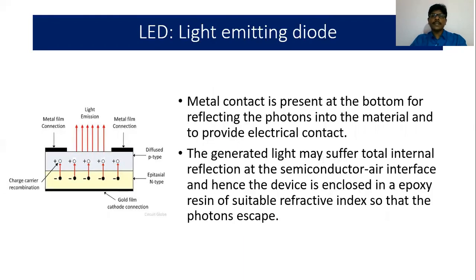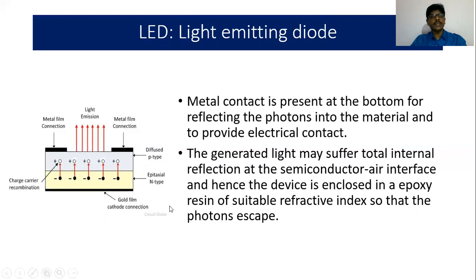Metal contact is present at the bottom for reflecting the photons into the material and to provide electrical contact, because when recombination takes place some of the photons may come down. So if they happen to come down, this metallic surface can reflect them back into the material. The generated light may suffer total internal reflection at the semiconductor air interface.